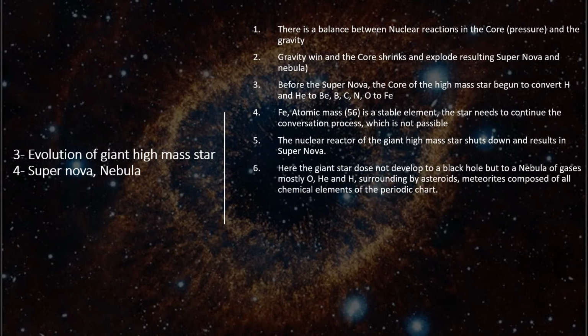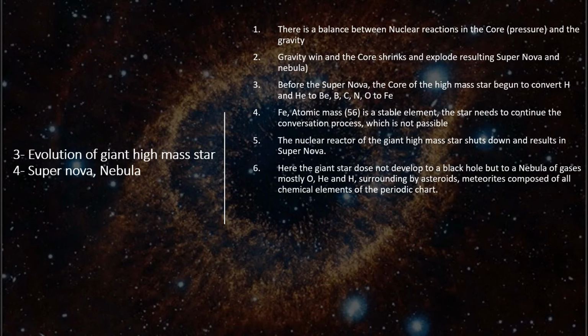Here, the giant star does not develop into a black hole, but into a nebula of gases, mostly oxygen, helium, hydrogen, and the rest of the elements of the periodic chart. And this will be surrounded by asteroids and meteoroids composed of the chemical elements of the periodic chart.